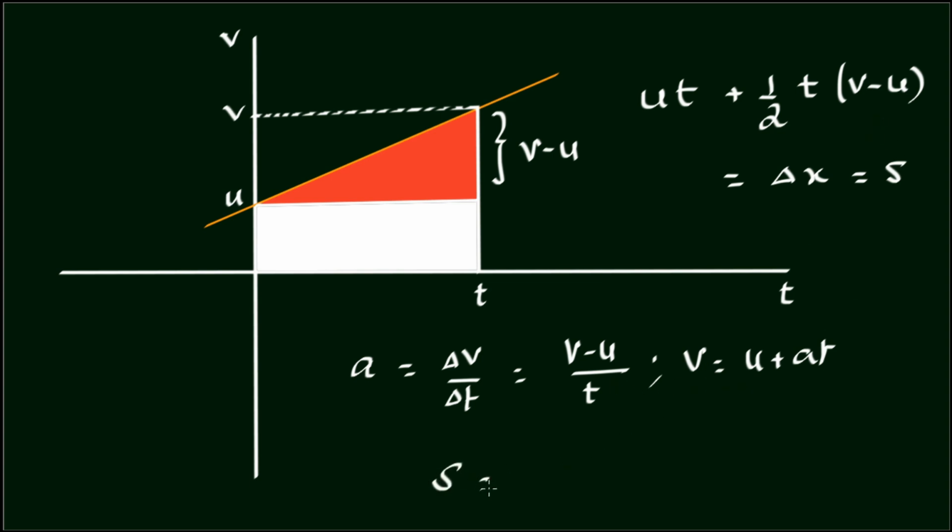So we get s is equal to ut plus half t multiplied by v minus u. v minus u is at. So you get s equal to ut plus half at squared. You know now where that comes from. It comes from the area under the v versus t graph, and it applies only for constant acceleration.